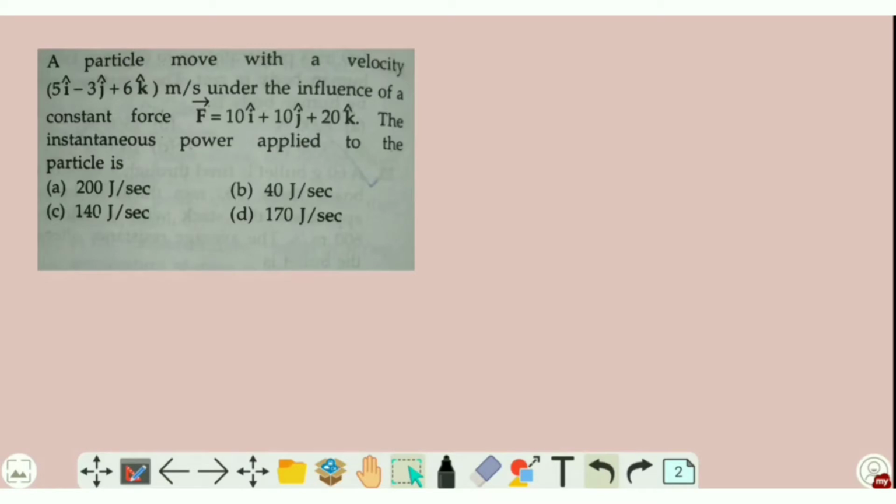First, start with a simple one. Read the question. A particle moves with a velocity v meter per second under the influence of a constant force F vector. The instantaneous power applied to the particle is what?